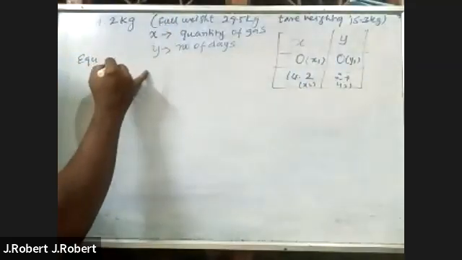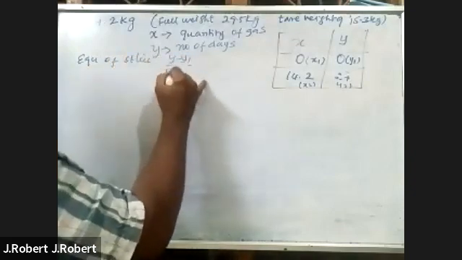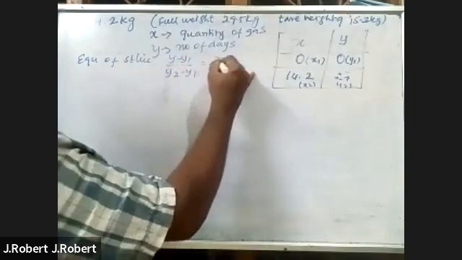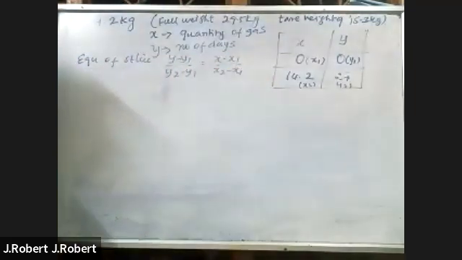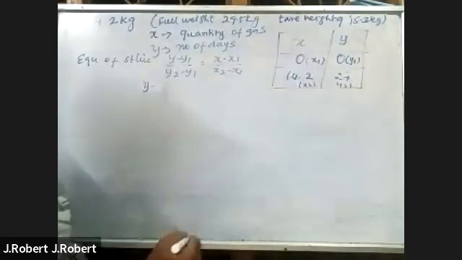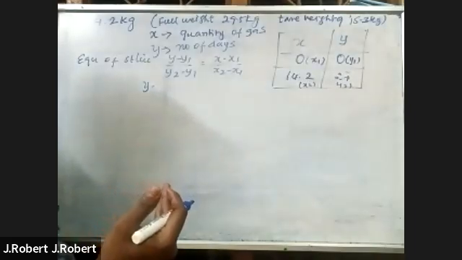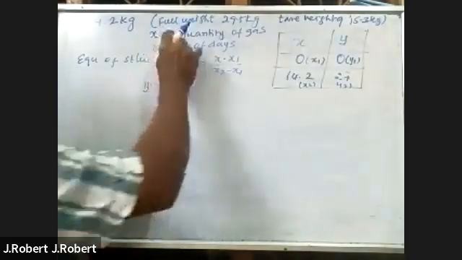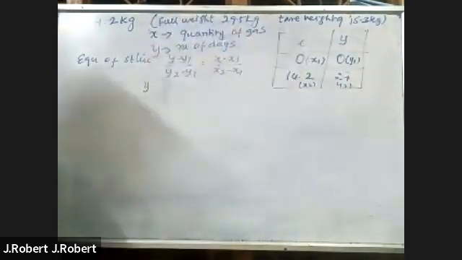Again the two-point formula. You can find the equation of the straight line using the formula (Y minus Y1) divided by (Y2 minus Y1) equals (X minus X1) divided by (X2 minus X1). I've just taken X as the quantity of gas and Y as the number of days.